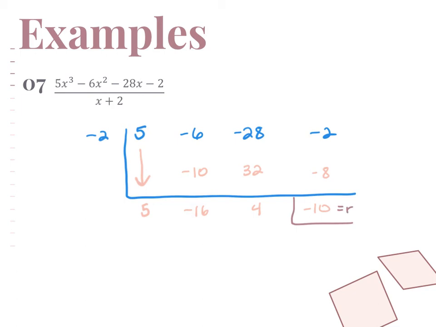Moving left, the 4 does not get a variable. The -16 gets an x to the first, and the 5 gets an x to the second. So this is 5x squared minus 16x plus 4 minus 10 over x plus 2.